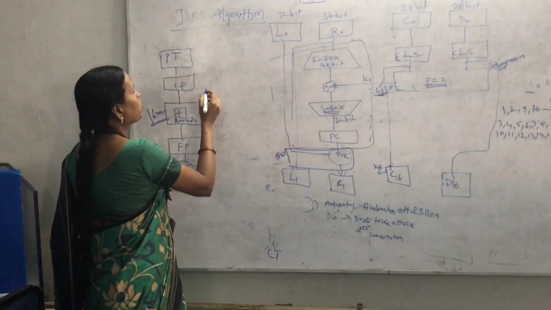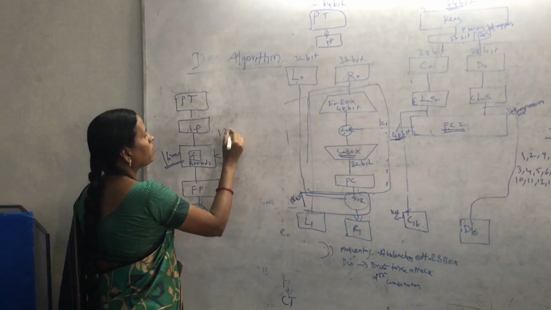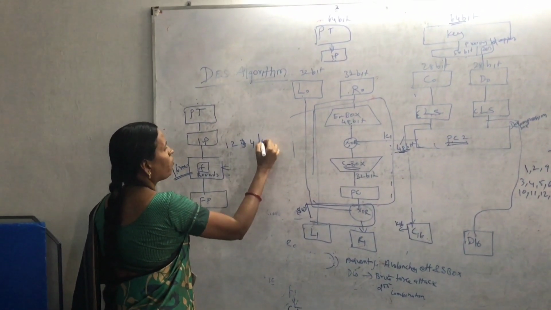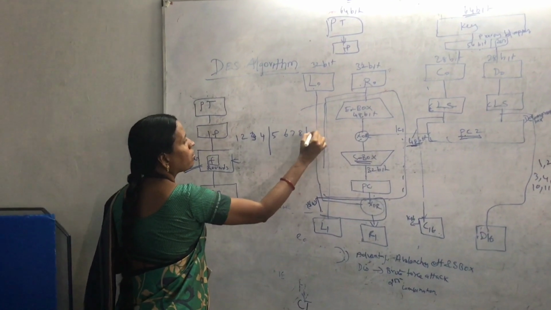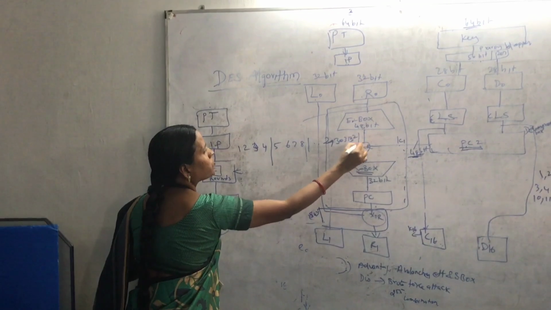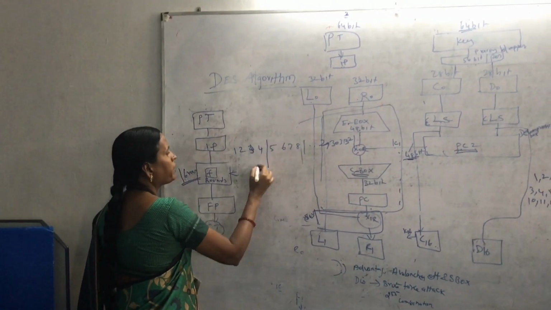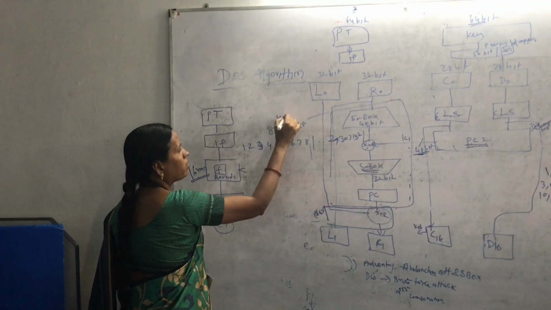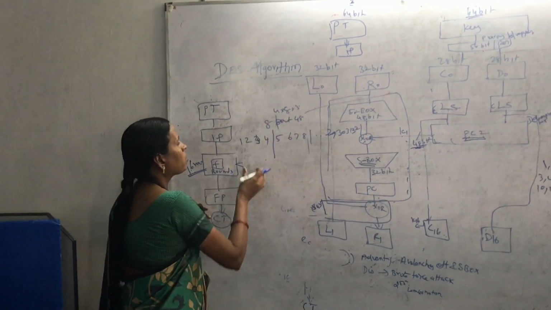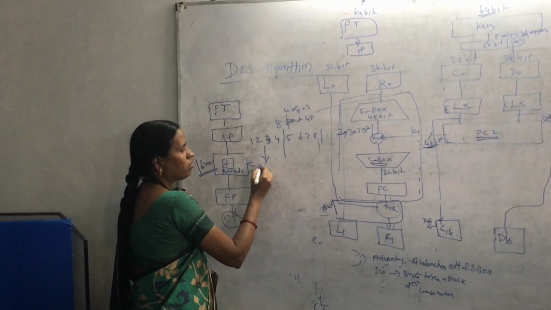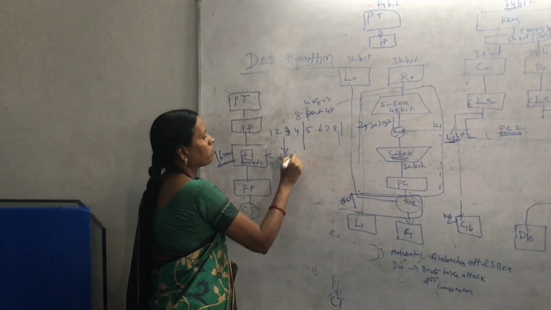So let us see how the expansion box, that is 32 bit, can be expanded into 48 bit. All the bits can be divided into 8 parts, 29, 30, 31, 32. So these are 8 equal parts of 4 bits, 4 8s are 32. The first part, this 4 bit, can be expanded into 6 bit.